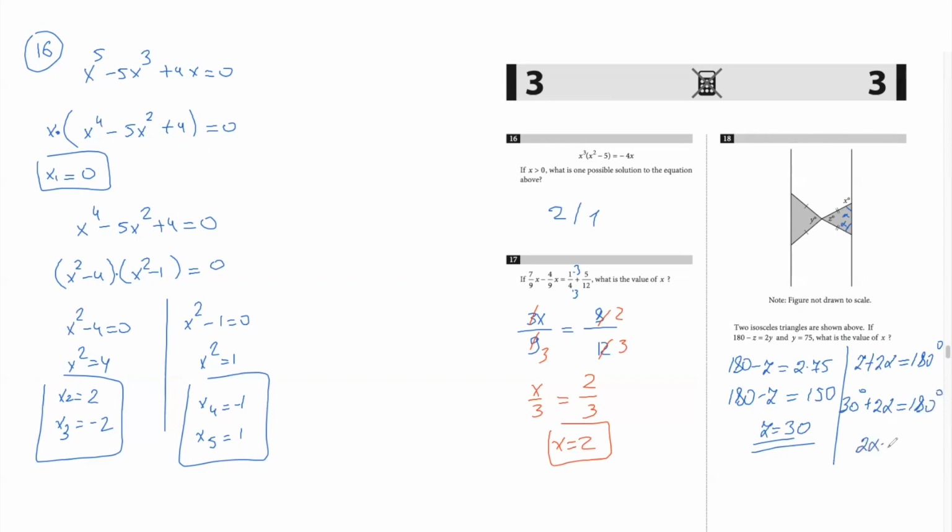So 2 alpha is equal to 150 degrees. Alpha is 75 degrees. So if alpha is 75 degrees, alpha plus x is equal to 180. If it is 75 degrees, automatically x is what? Here we got x is 105 degrees.